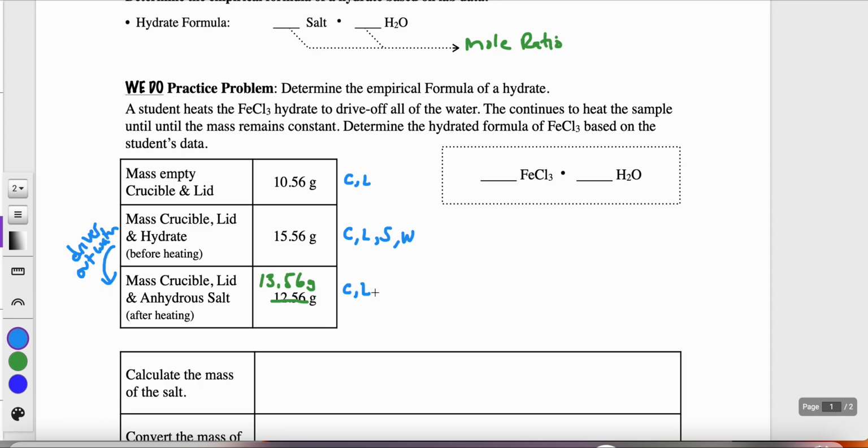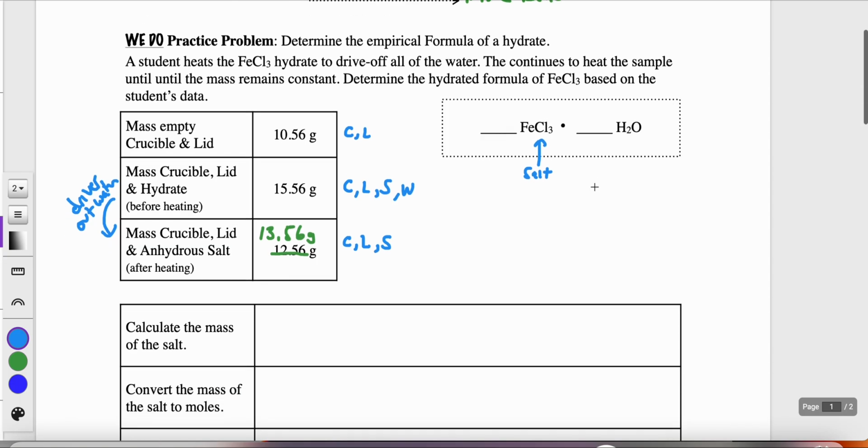There's no more water, and so this is crucible, lid, and salt. And in this case, FeCl3, that is the salt that is in this hydrate. We just need to figure out how many of these salt units and how many water molecules are present.